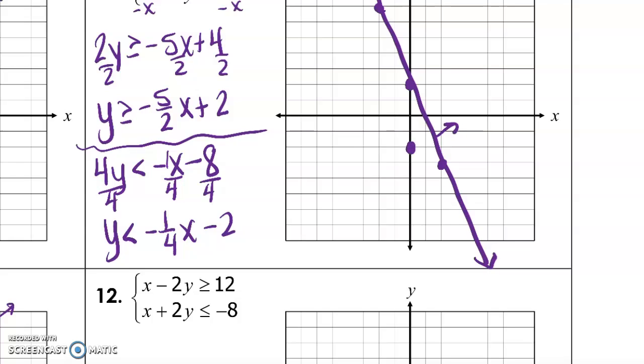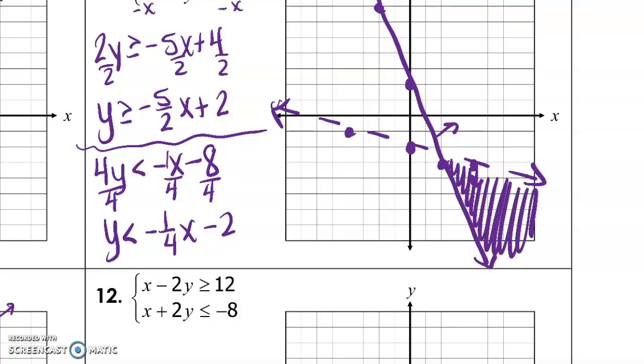So down 2 and then down 1 and right 4, up 1 and left 4. This one will be a dotted line. And a less than, so down below. So this bottom right corner again.